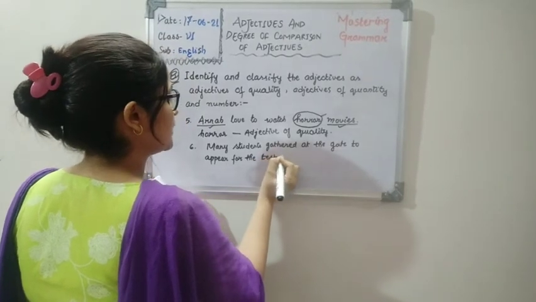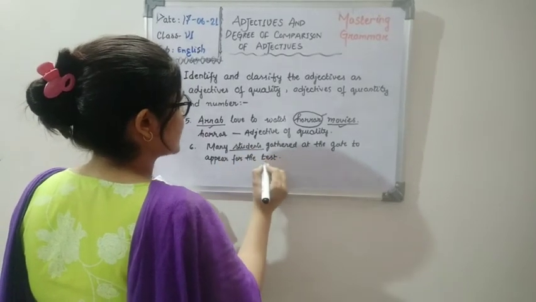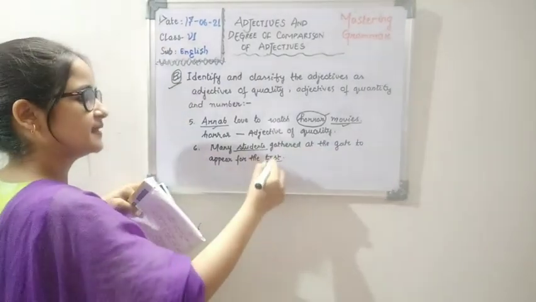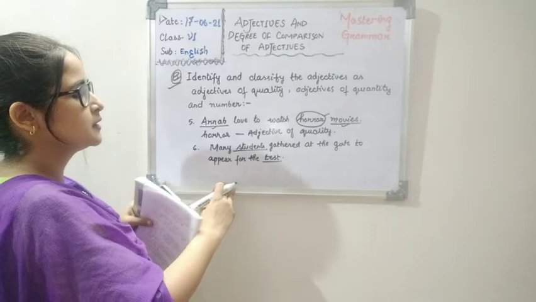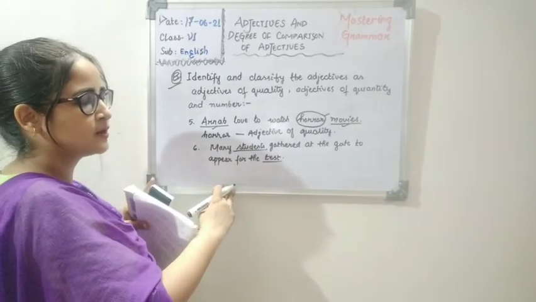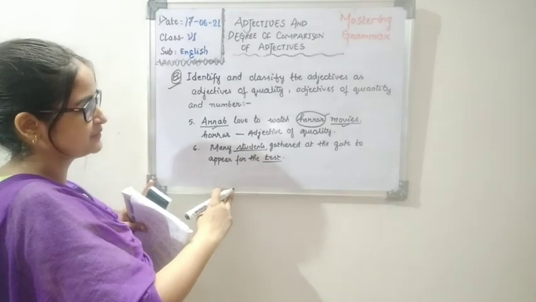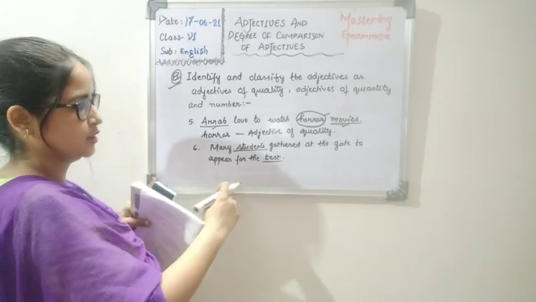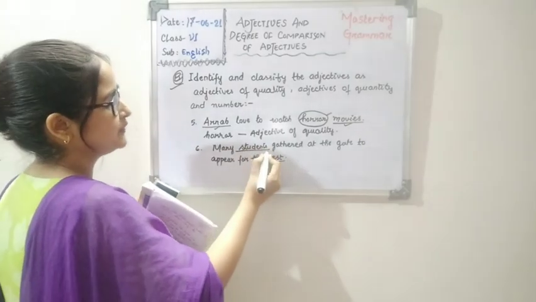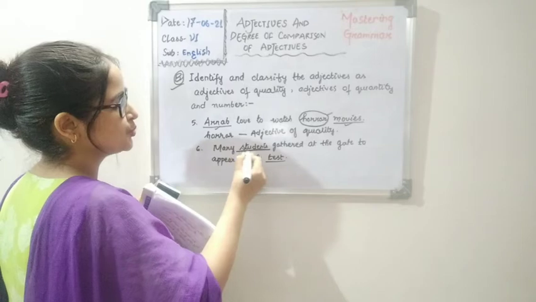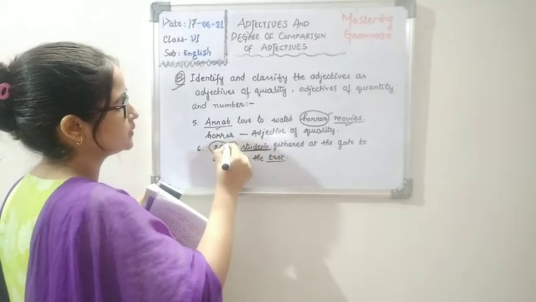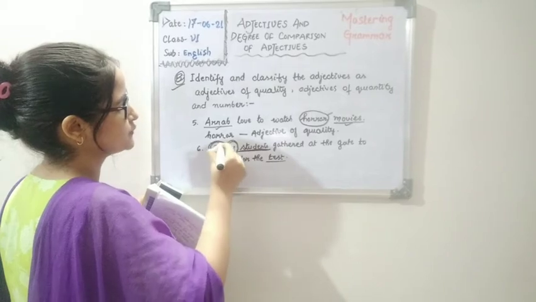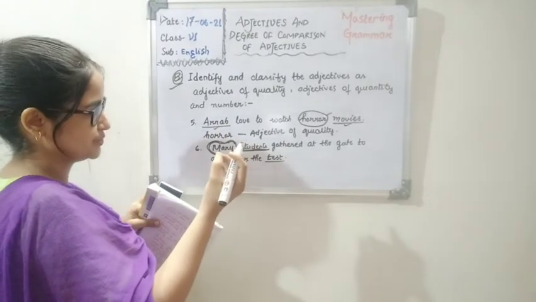Now here are two nouns, students and test, but nothing about the test, difficult test, about the CLAT test or the 12th board exams, nothing. So we find that students has to be the noun which is described by the quantity, that means the amount of students, many students.